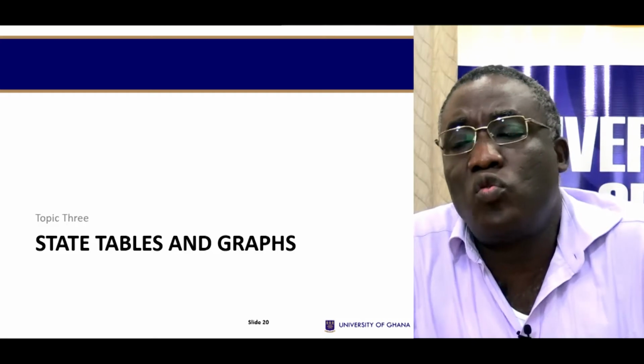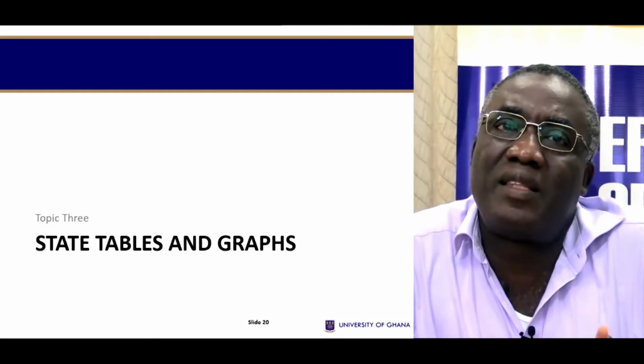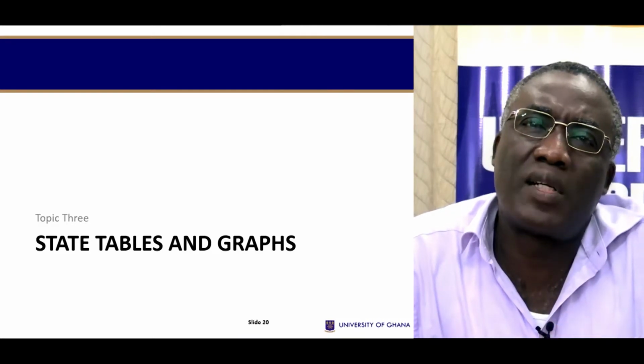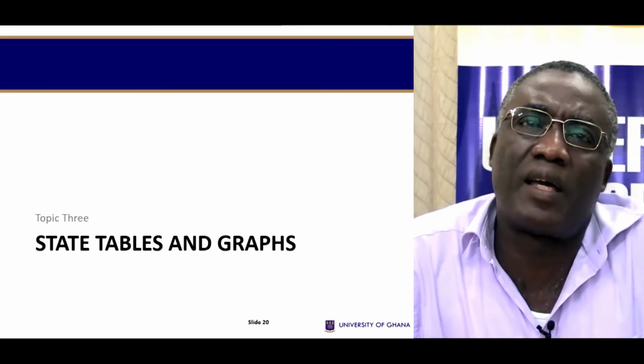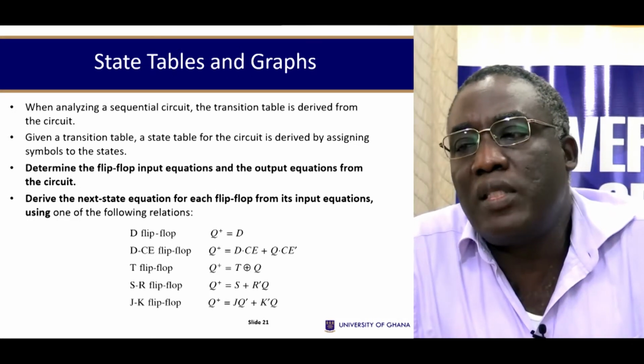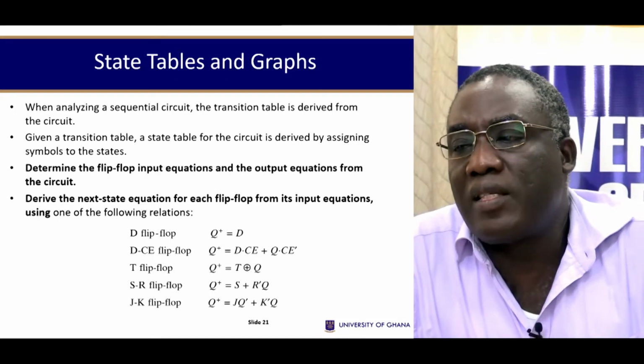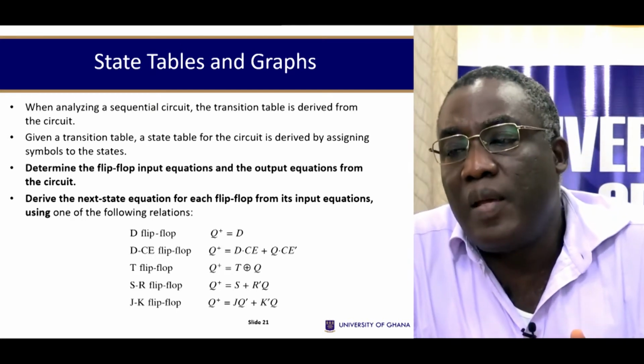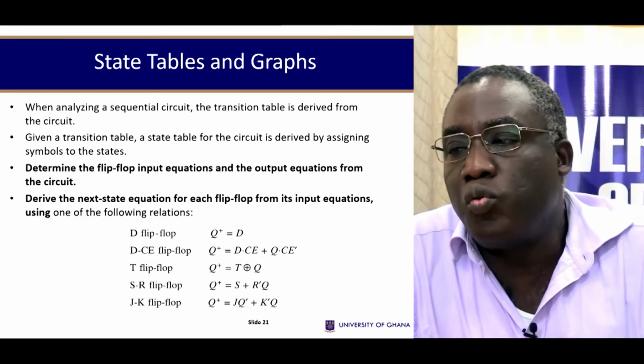So it's useful to look at state tables and state graphs, which we touched on briefly when we talked about the parity checker. The transition table and the state table for a sequential circuit specify the next state and the output of the circuit in terms of state and input.